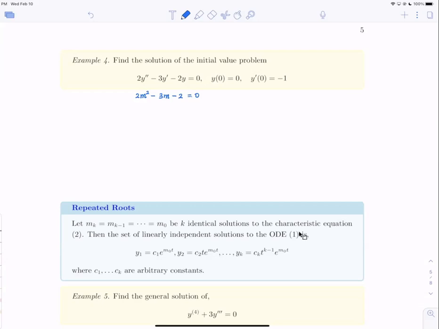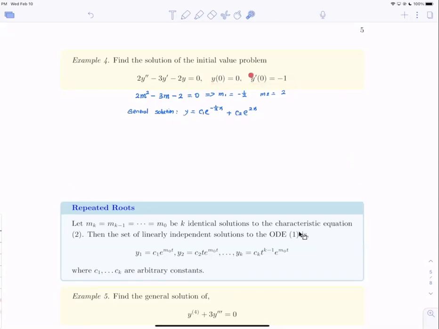Now we just need to solve this. When you solve this, you'll get m1 equals -1/2 and m2 equals 2. So your general solution is just going to be y equals c1 e to the negative 1 over 2 x plus c2 e to the 2x. And now you see that you're given an initial value.